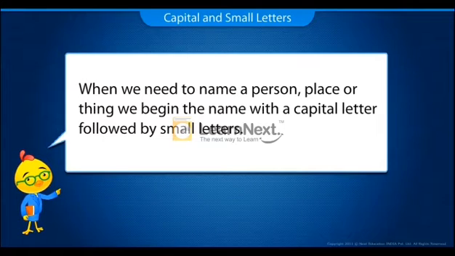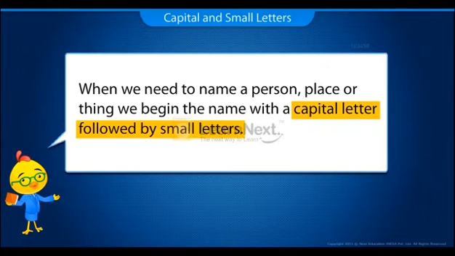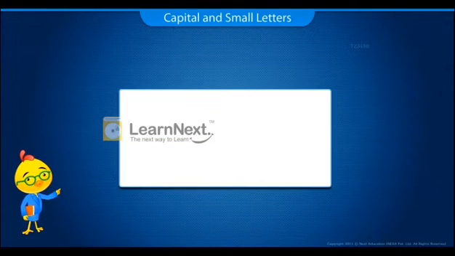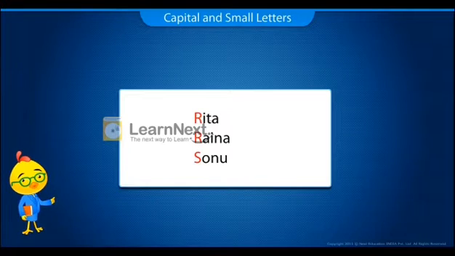When we need to name a person, place, or thing, we begin the name with a capital letter followed by small letters. So, children, you saw how we used capital letters. Other than those capital letters, the rest of the letters are small. Over here, see the names Rita, Raina, and Sonu.